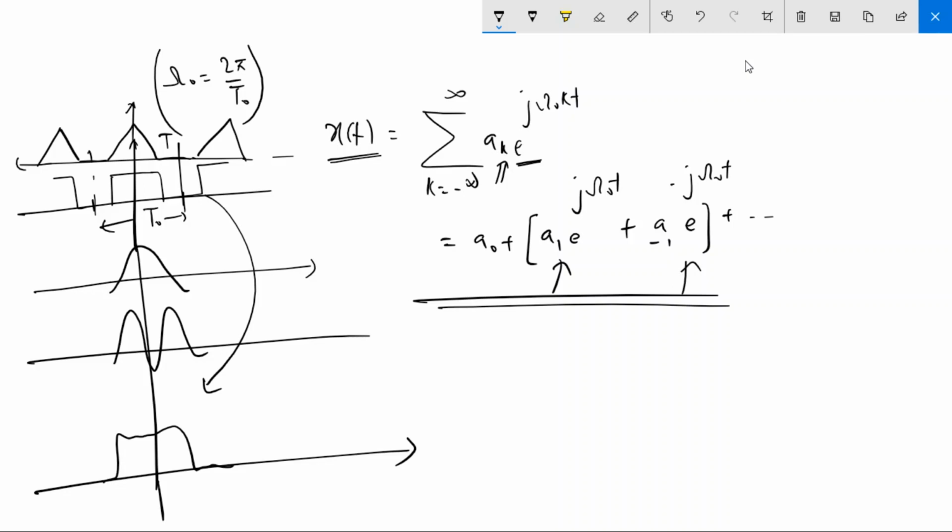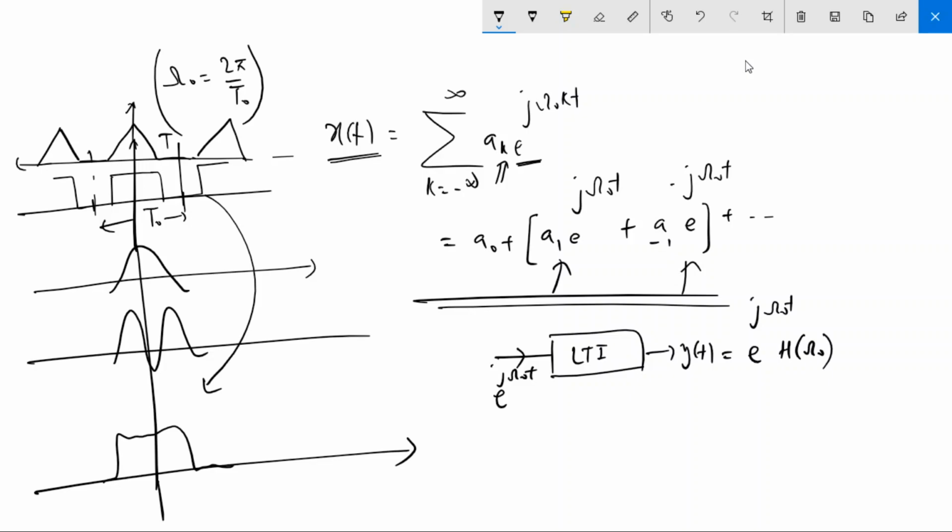The second important property we will discuss in detail when we study linear time invariant systems, but just to introduce the significance of this signal: when you pass a complex exponential signal through a linear time invariant system, the output is the same complex exponential multiplied by H of omega naught, which is called the frequency response of the system.